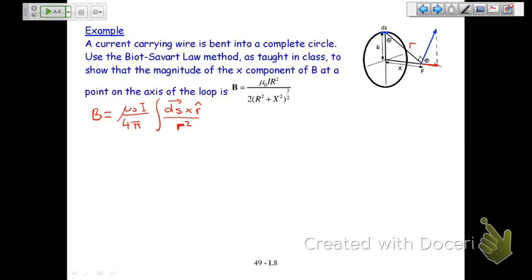So they're not the same length. But this distance from the ds element to the point of interest is still a constant.